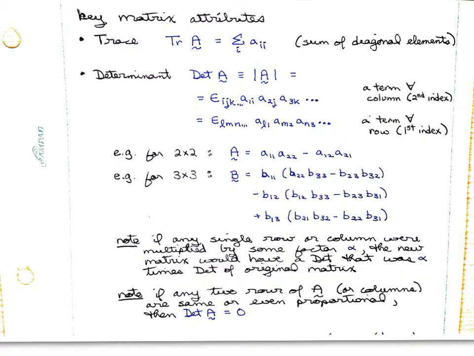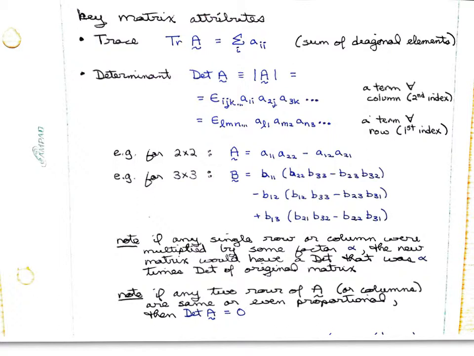They're equivalent since there are the same number of rows and columns in a square matrix. Note that instead of using the sum symbol, as for the trace, here I'm using the epsilon symbol to combine terms, and that is because the epsilon symbol, as you learned earlier in the course, introduces a minus sign every time you swap the order of two elements. So every time you swap the order of two columns here or two rows here, you pick up a minus sign.